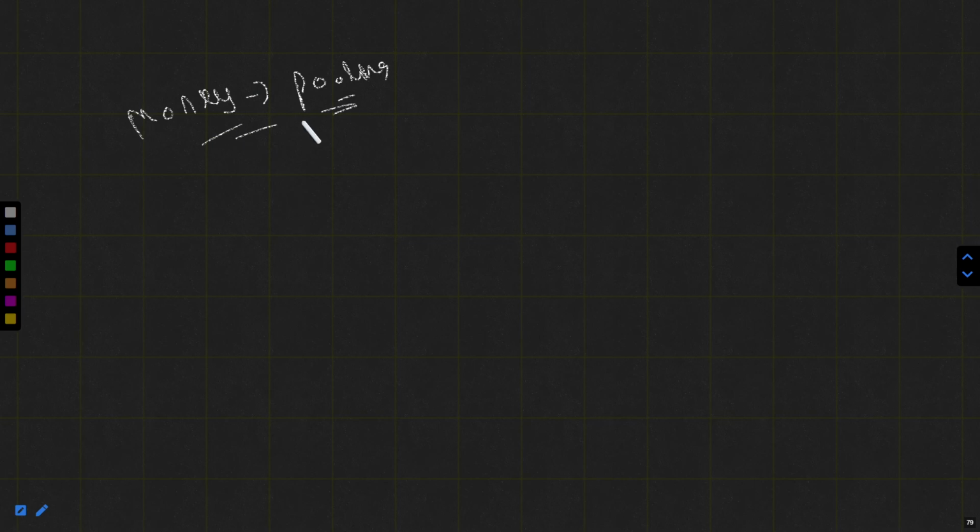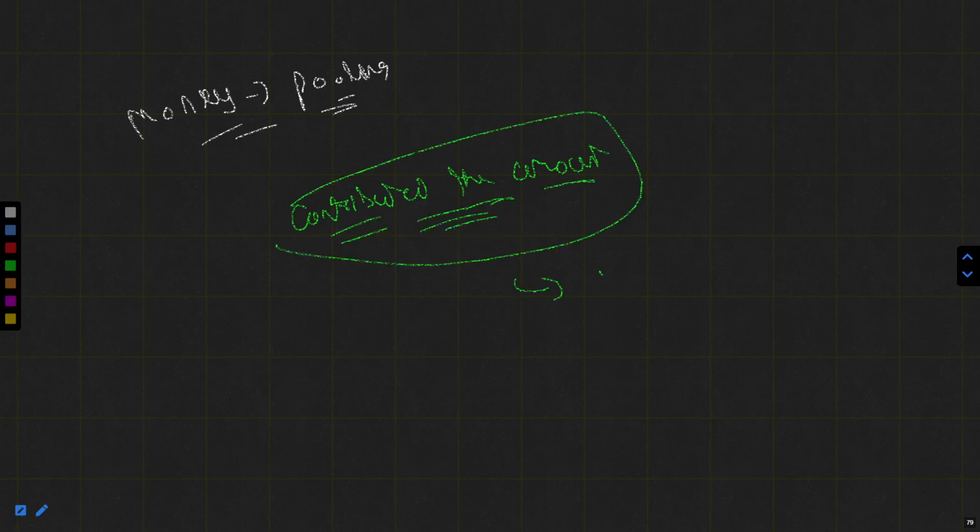Okay, like there is a group of people who are generally not satisfied or who are planning to do some other things. So they come together and contribute an amount, and the sum total becomes the capital, right?